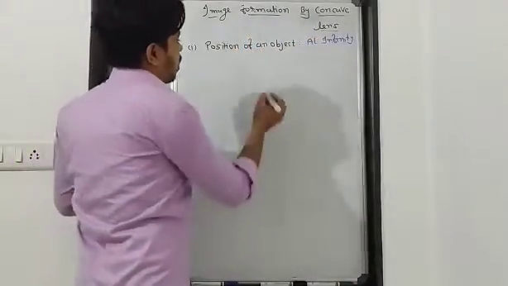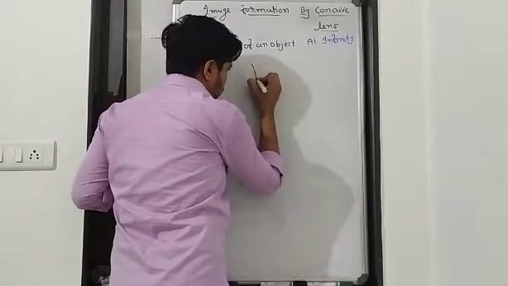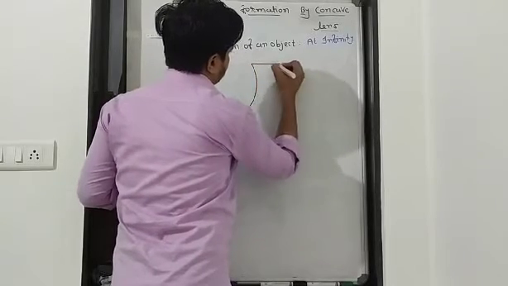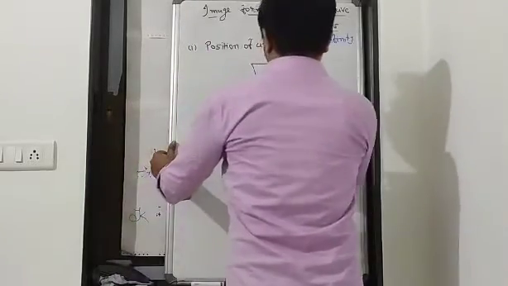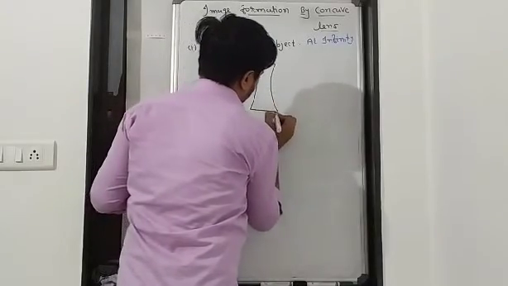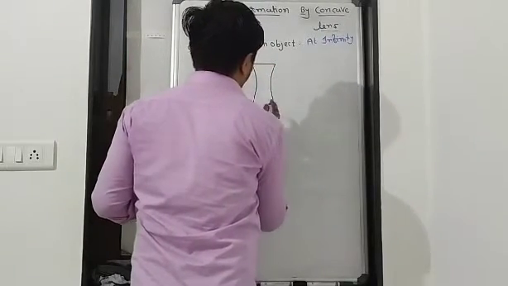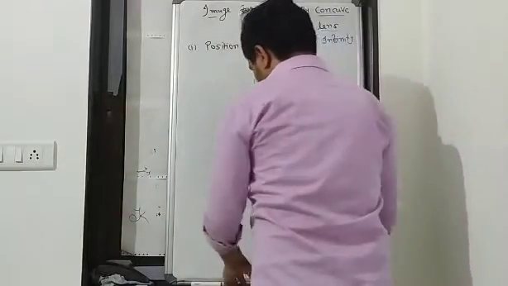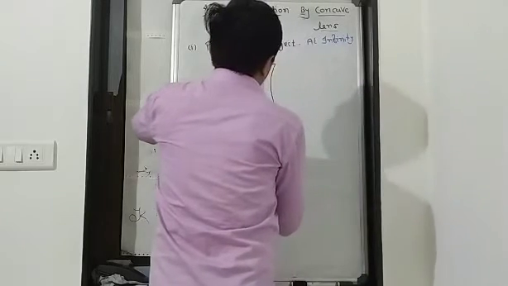So I have to first of all draw a concave lens. So here it is a concave lens, right? And we have to draw the principal axis, which passes through the center.